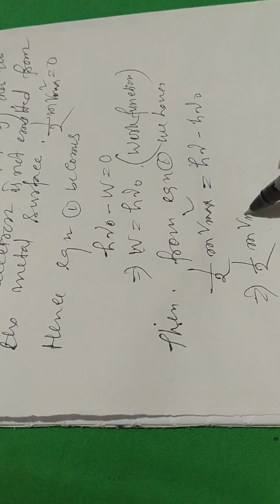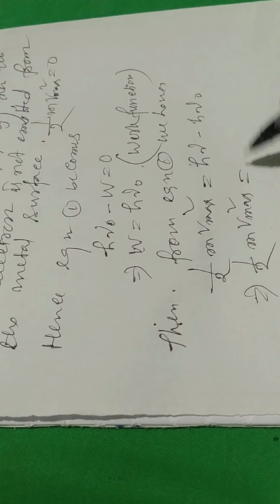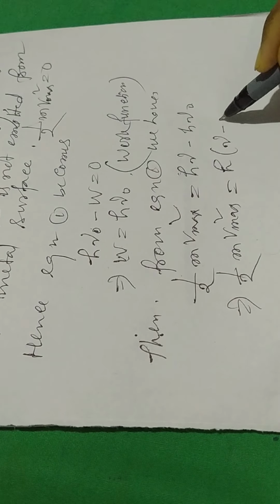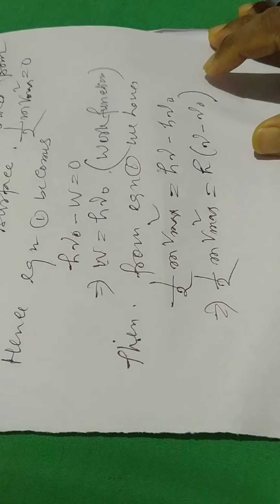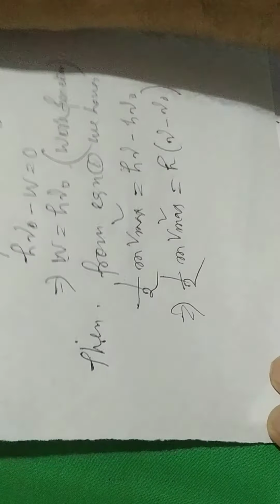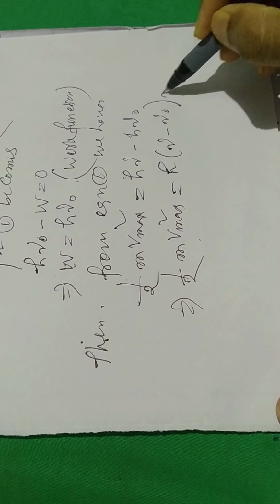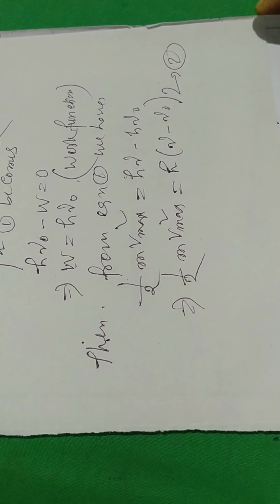Half m Vmax square equal to h, which is common, times nu minus nu naught. So this is another form of Einstein's photoelectric equation, equation 2.